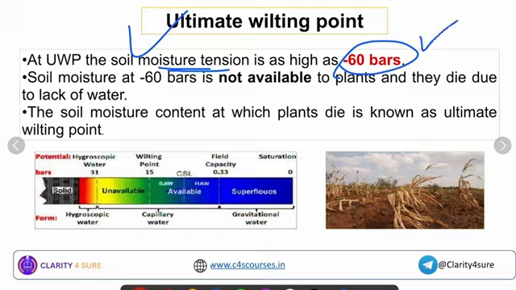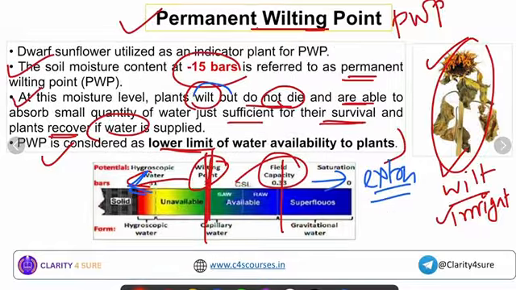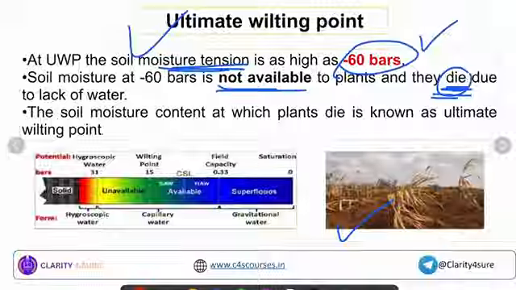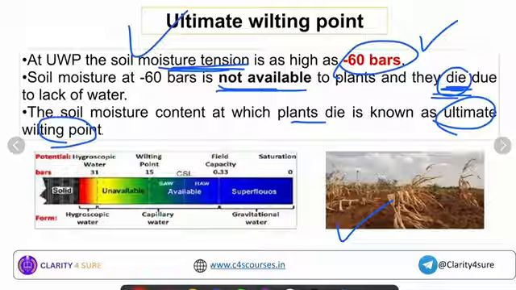You can imagine this is so high that water is not available to the plant and it will die. At the permanent wilting point it showed signs of wilting but did not die. Here it has died, and there is no chance that your crop is going to recover even if you apply irrigation water because of this high soil moisture tension that has developed. This is the point which is called the ultimate wilting point.